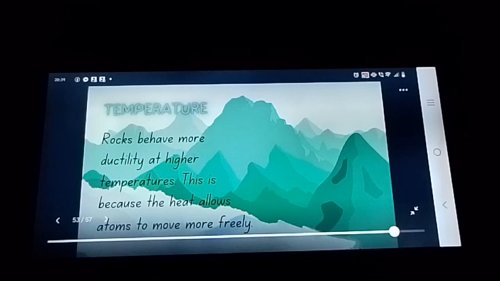Here's how temperature affects deformation: brittle to ductile transition, stress and strain. In summary, temperature has a significant impact on how rocks deform. Higher temperatures lead to more ductile behavior, while lower temperatures favor brittle behavior.